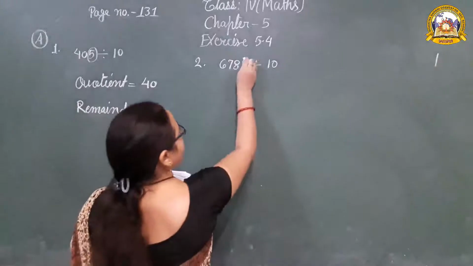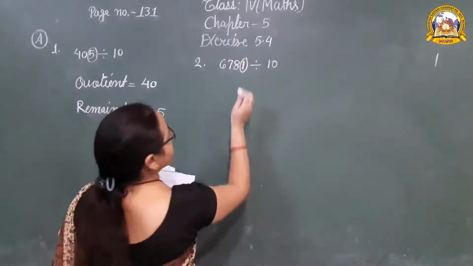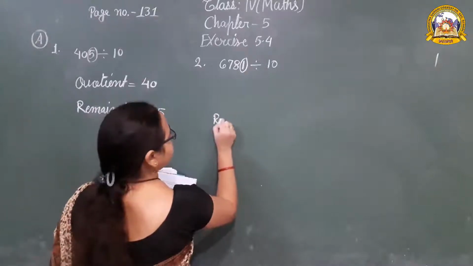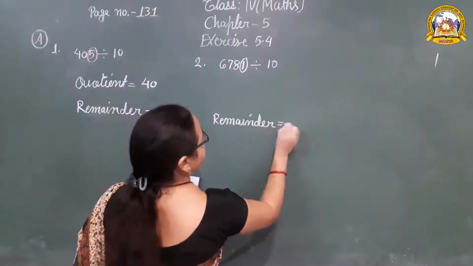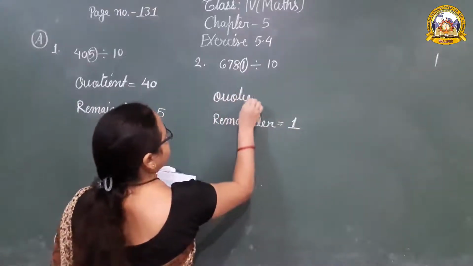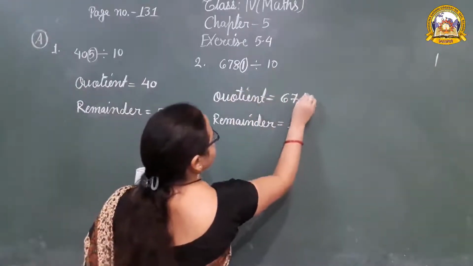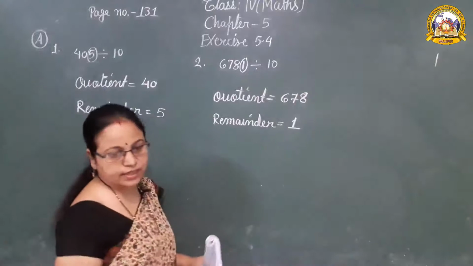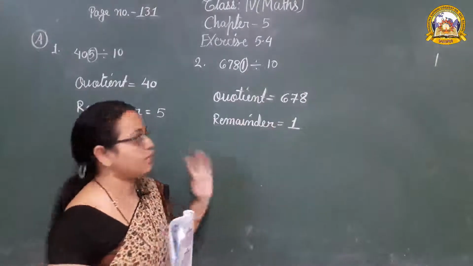That is why we take the 1 digit from the ones place. So remainder is equal to 1 and quotient is equal to 678. 678 is the quotient and remainder is 1.